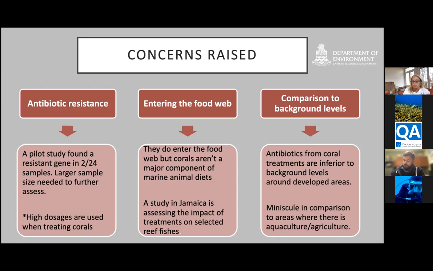Another concern is usually how much antibiotic are we introducing to the marine environment? Well, all we can say is in comparison to the natural background levels, it's quite minuscule around developed areas.